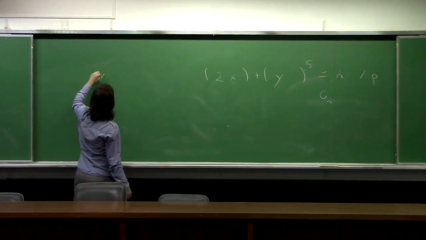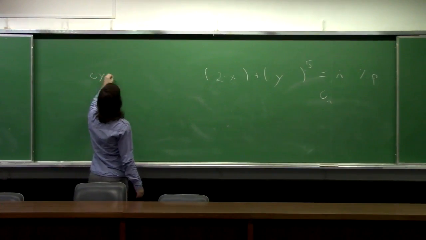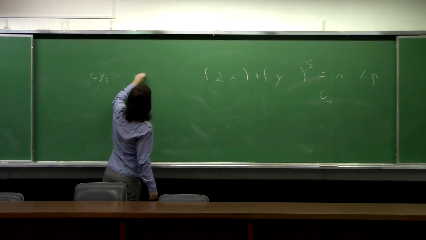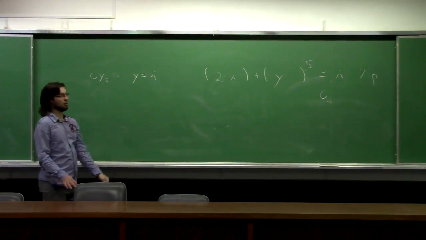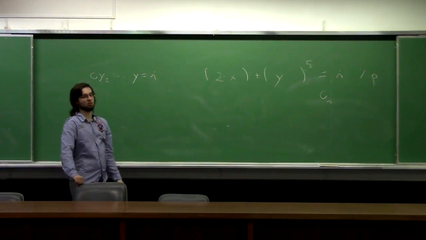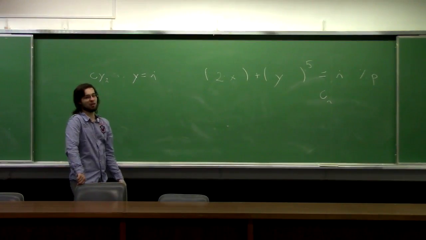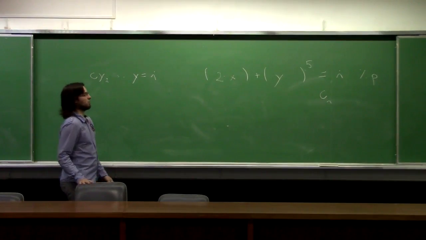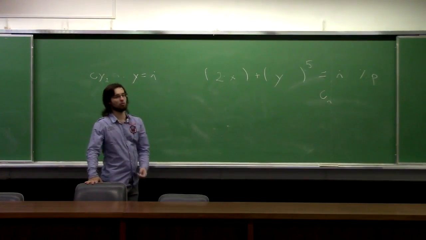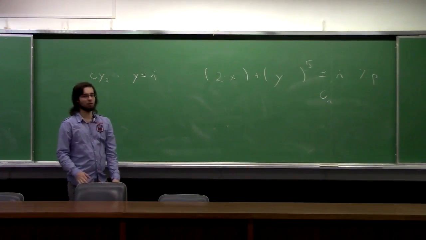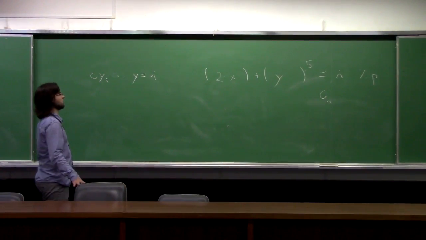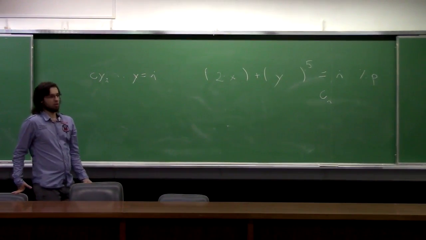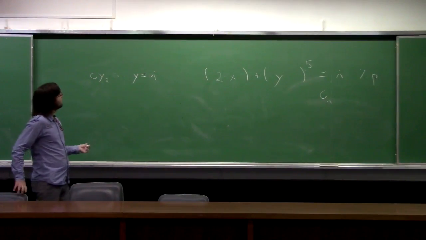For example, CYI ways to assign to get expression y equal to I. I'll just use y to denote a sub-expression instead of a variable. In general, it's basically the same. It's just that for a variable we know that the number of ways to make it equal to anything is equal to 1. We have exactly one way to assign a number from 0 through p minus 1 to any variable in order to get that value.